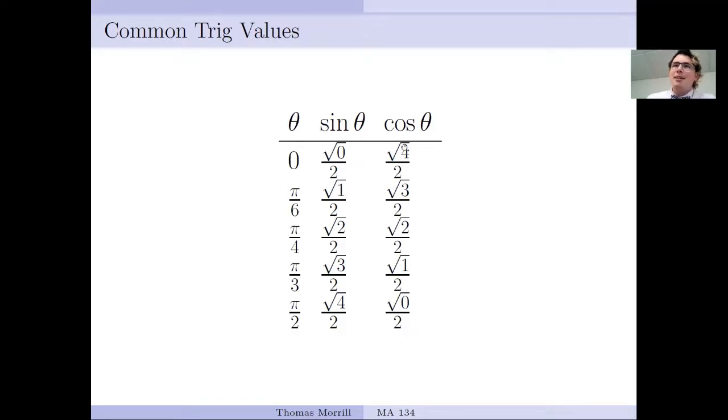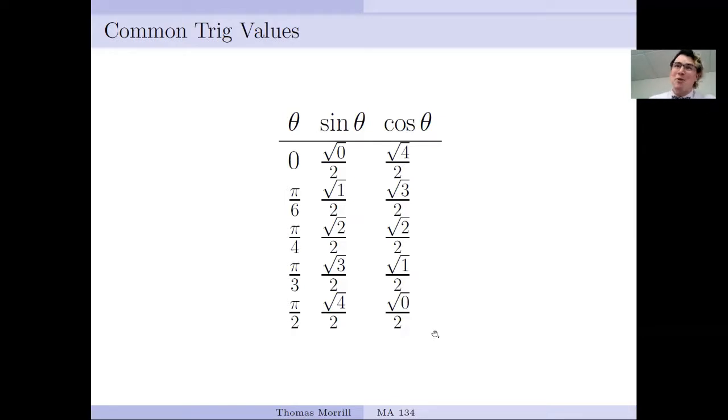Cosine is going to be the opposite. I remember that because cosine of 0 equals 1. So I put in my 4. The square root of 4 is 2. 2 divided by 2 is 1. For the cosine function, the special values I'm going to remember are 4, 3, 2, 1, and 0.